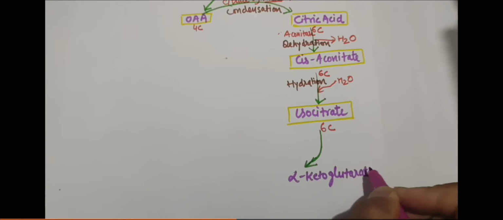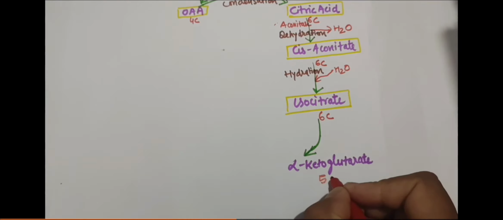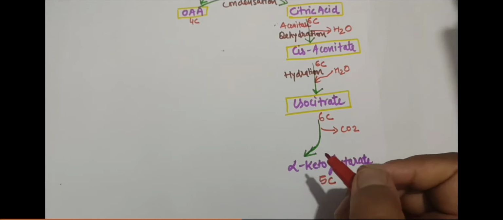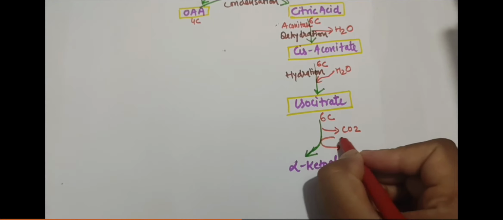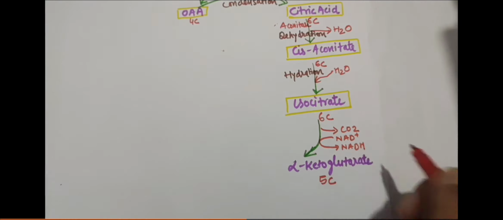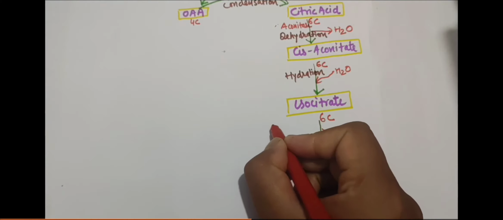Alpha ketoglutarate is a 5 carbon compound. So there is a reduction of 1 carbon, from isocitrate, which is 6 carbon, to alpha ketoglutarate, which is a 5 carbon compound. And here one molecule of CO2 is released, and NAD positive converts into NADH.